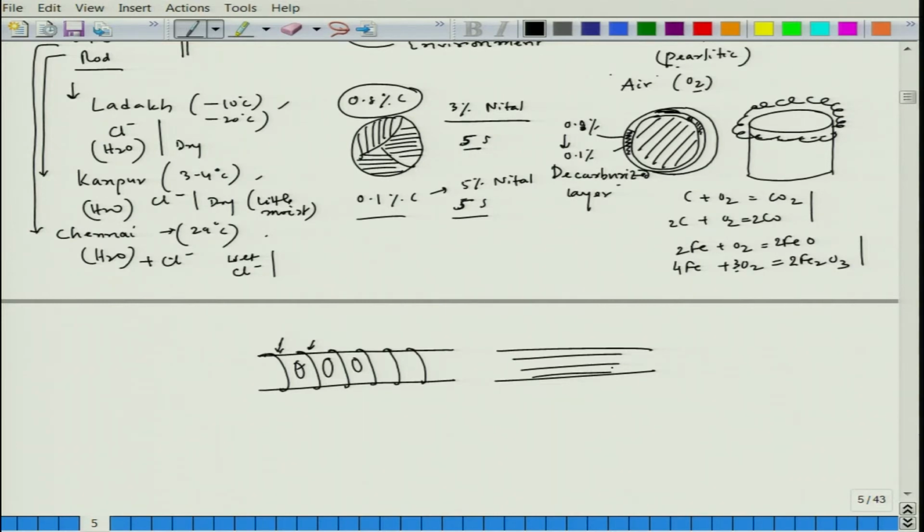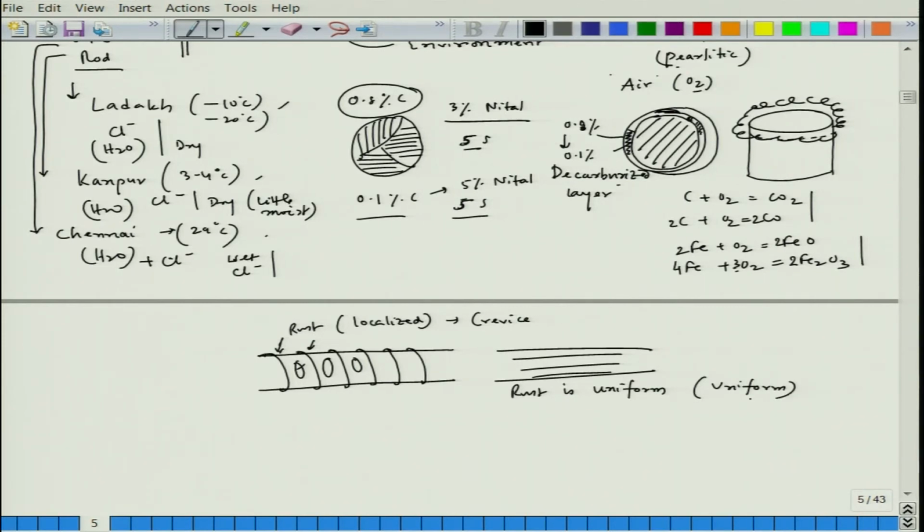So here the rust is uniform, but here rust is localized. It is very clear, if it is a plain bar and if it is a ribbed bar, the rust position changes. So that means the form is different. This is more or less a crevice pattern, we will learn later, and this is uniform.